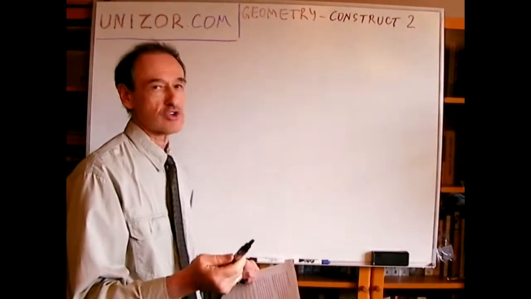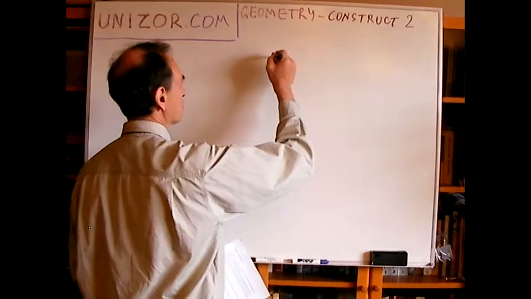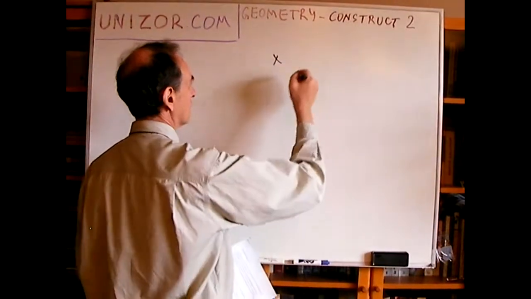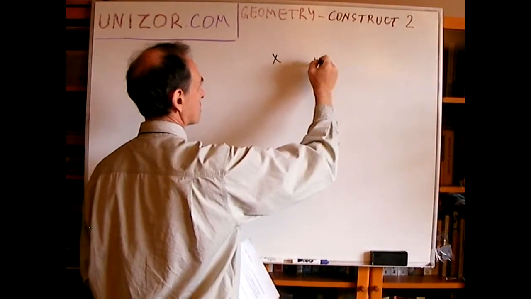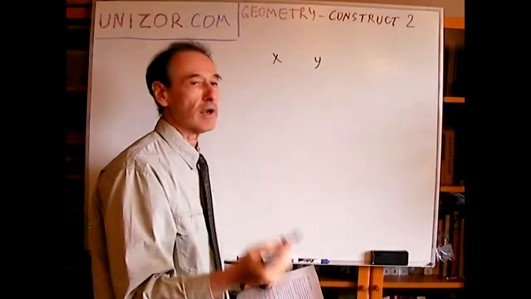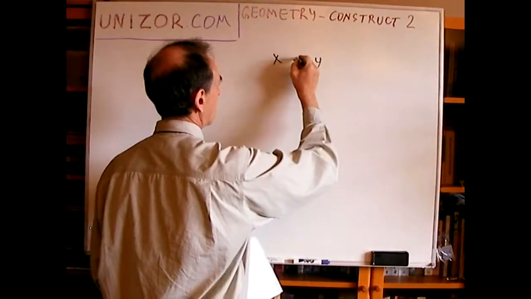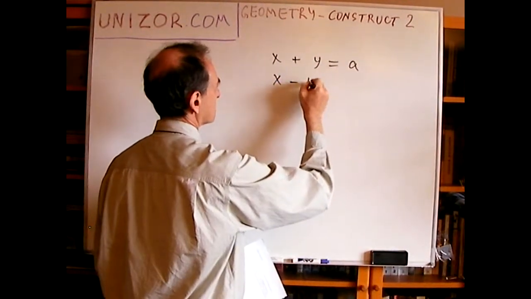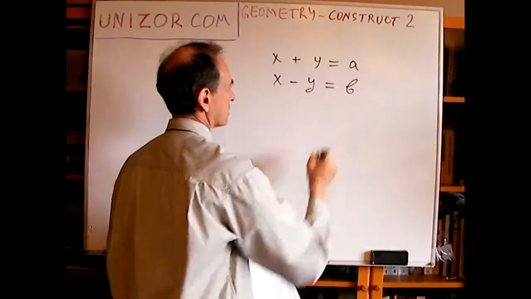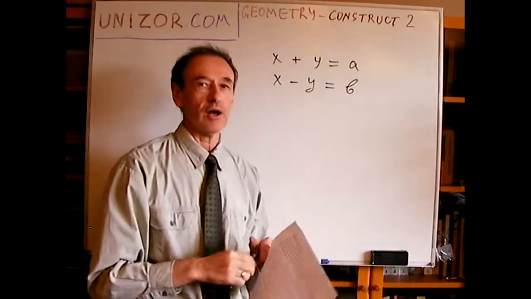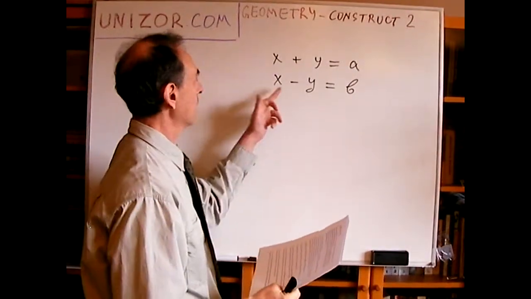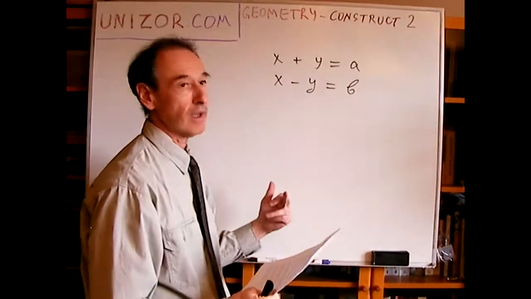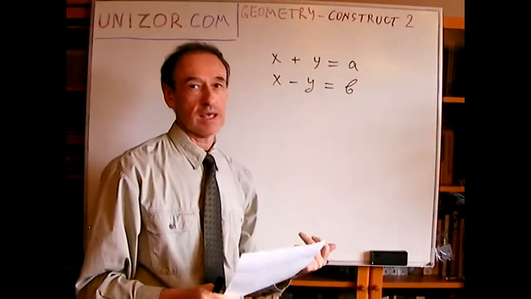Let's talk about measures. Let's say you have one angle which measures x, and another angle which measures y. You are given the sum of these and the difference of these. What you have to do is build angles x and y given angles a and b.